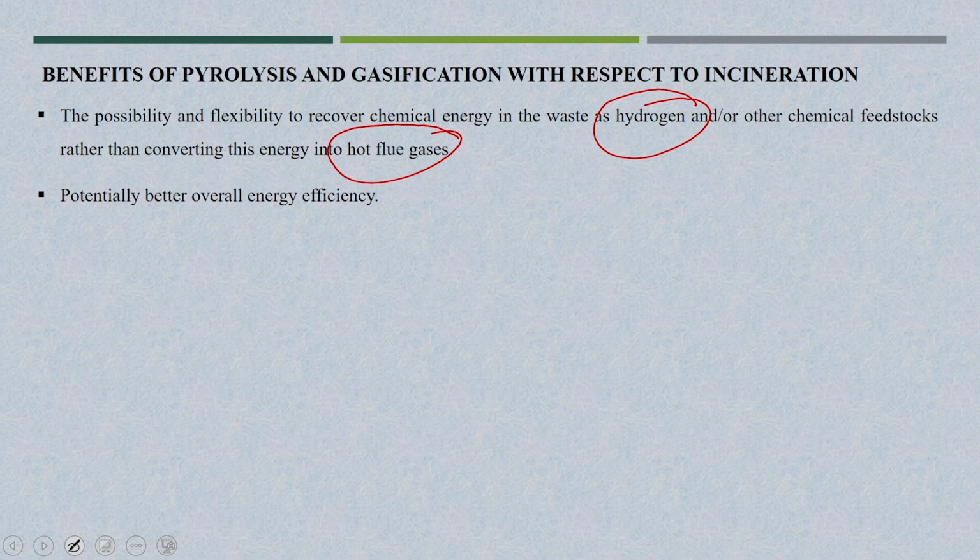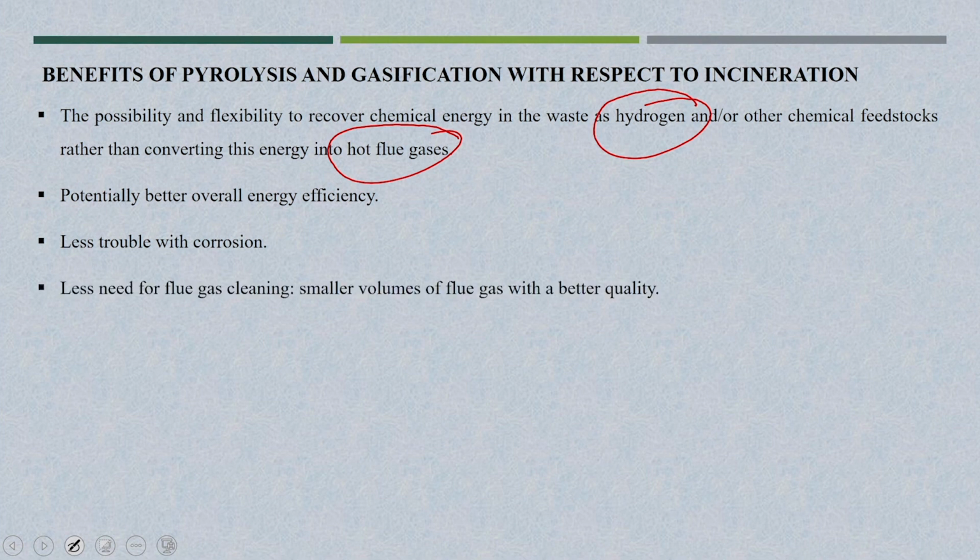Potentially better overall energy efficiency compared with incineration facilities. Less trouble with corrosion. Highly corrosive gases are produced in the incineration process, and you always have to check all the equipment there, but here there will not be much corrosion.